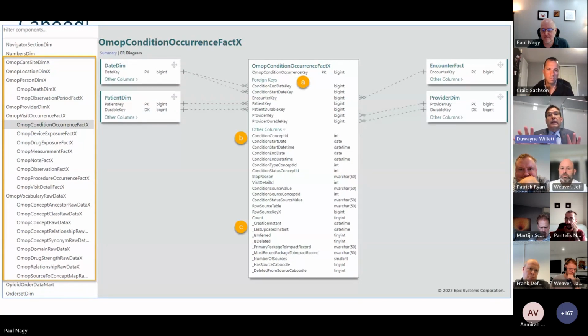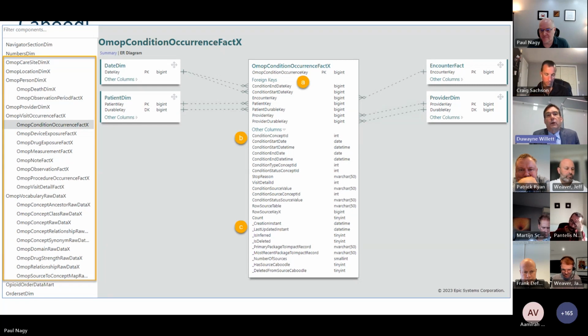So this allows us to link out to the remainder of the data in the EHR if needed for a specific project. You can see some of that at the top, this entity relationship diagram at A, including tracking back to the history of the state of the patient or the state of the provider at the time that an event occurred, like were they married at the time, or was a provider a resident versus an attending, that level of detail.